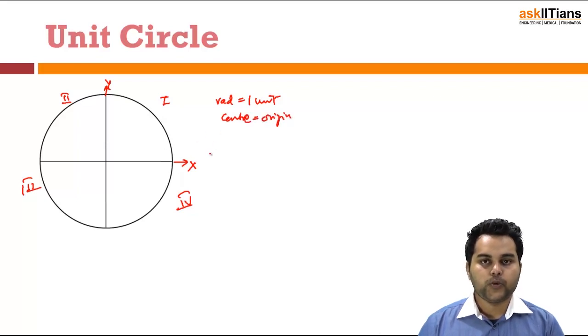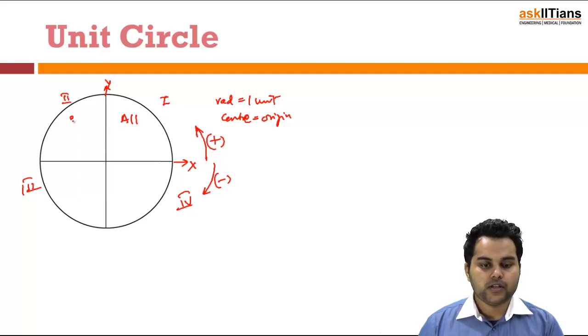Only 2 rules need to be kept in mind while plotting the angle on the unit circle. First is, when moving anti-clockwise, the angle is positive, and when clockwise, the angle is termed as negative. That's a convention we follow. So suppose I need to find out the value of sin theta, cos theta in first quadrant, or tan theta. So I have 6 trigonometric ratios and all of them are positive in the first quadrant.